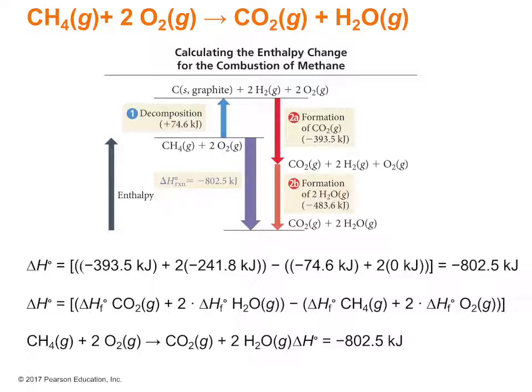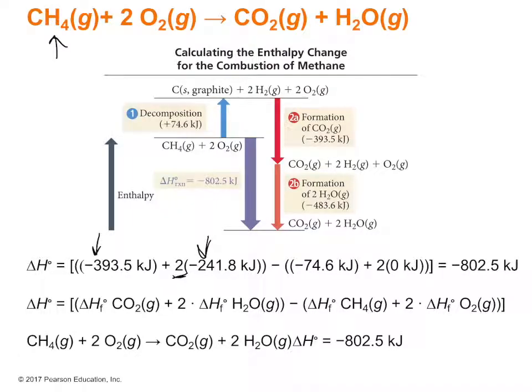So it says that delta H, or the heat of formation, equals the negative 393.5. That is the delta H of the methane. Okay, and again, we looked that up in the chart.